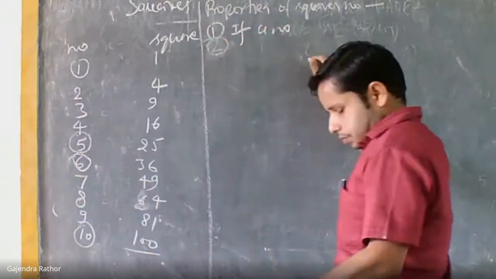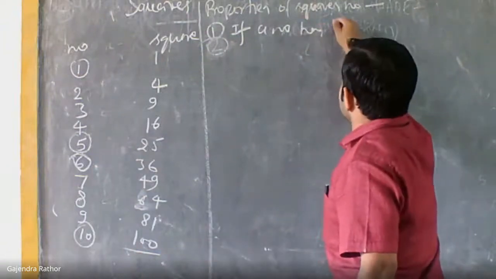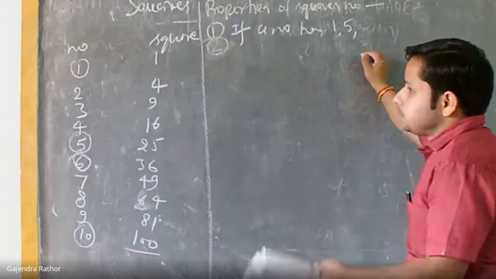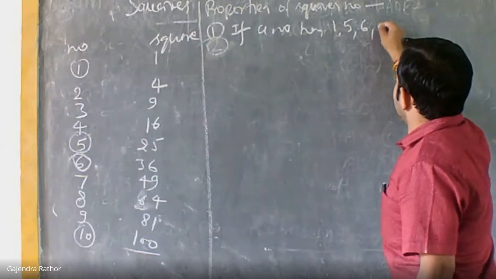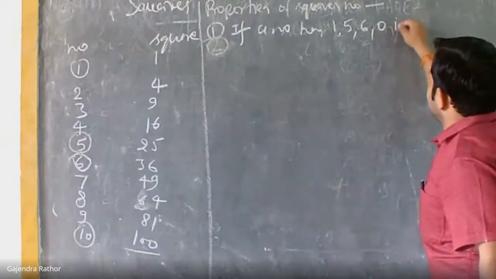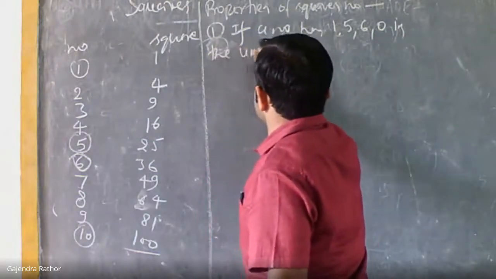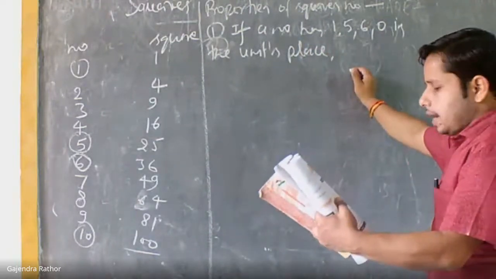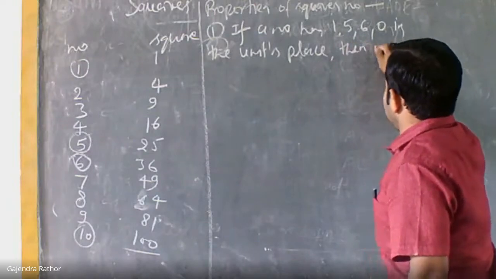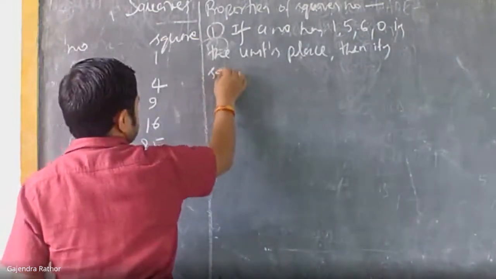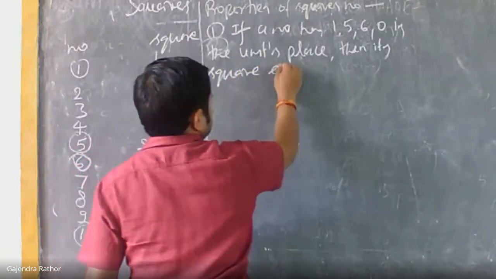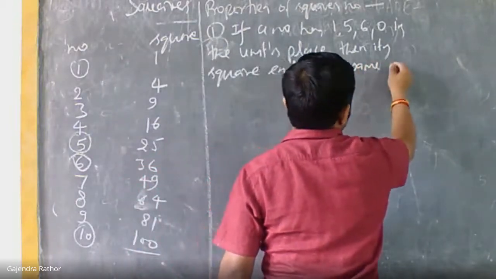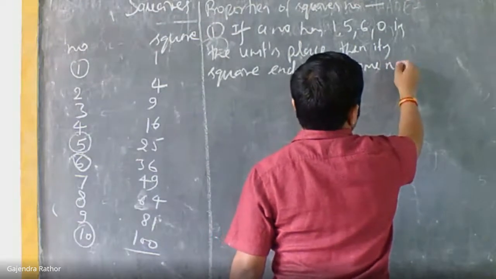If a number has 1, 5, 6 or 0 in the unit place, then its square ends with the same digit or number.